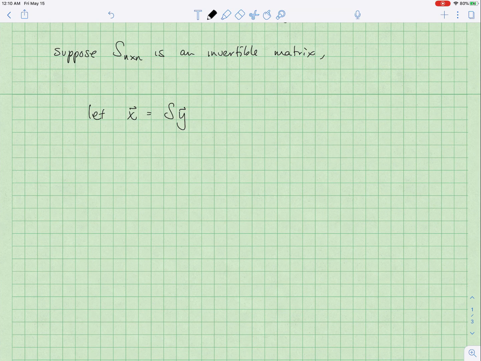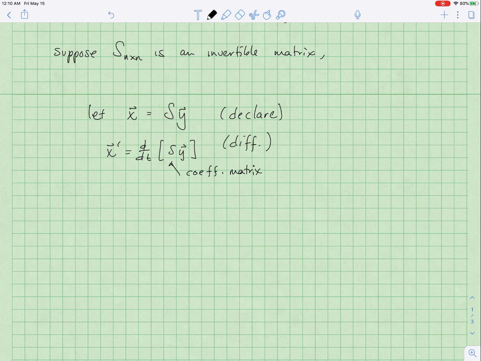After I declare my substitution, the next thing we would do is differentiate, and we would simply have x prime is equal to the derivative with respect to, in this case, the underlying variable t, of Sy, where S is just a coefficient matrix.